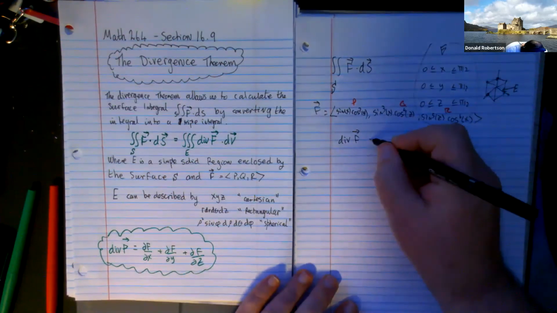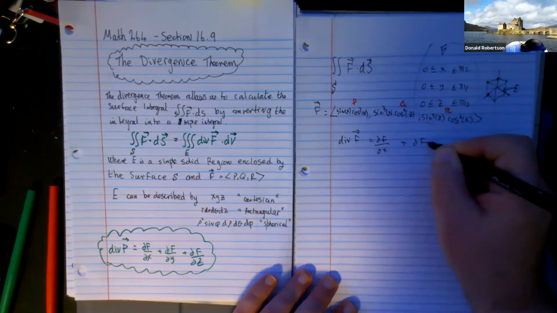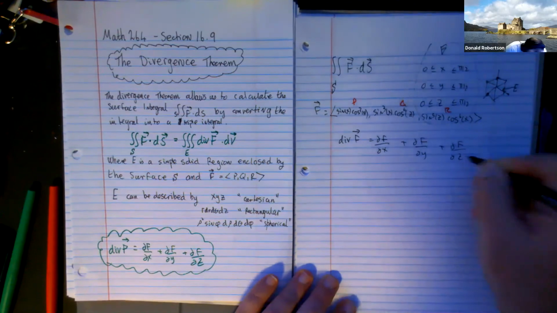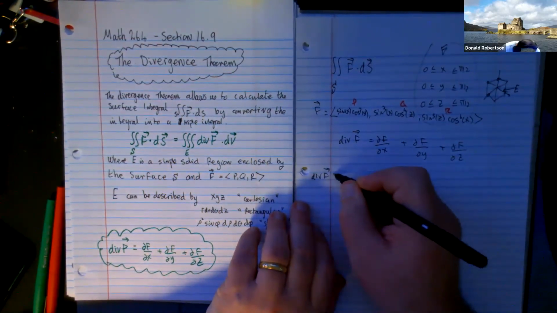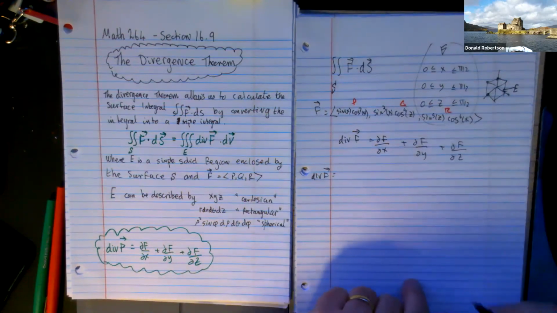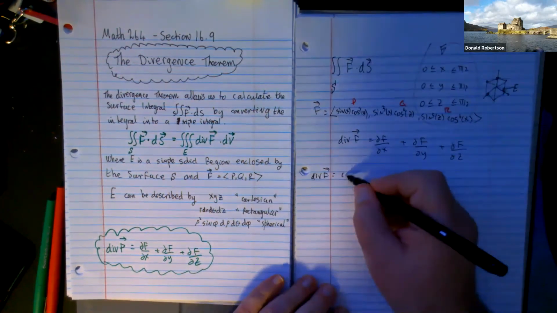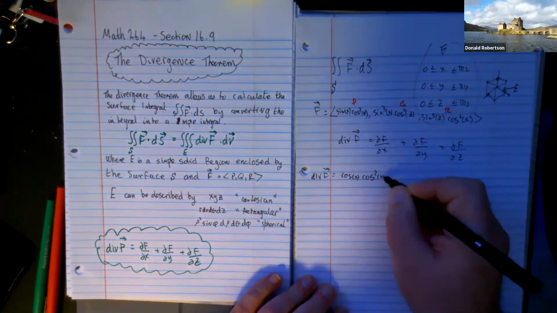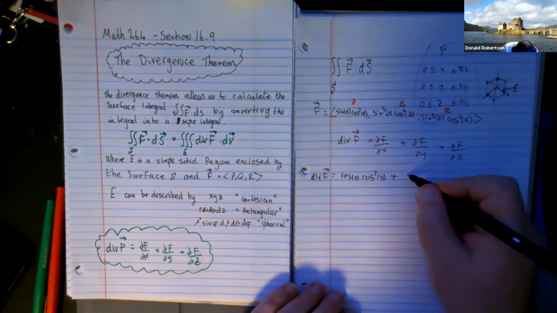So we're going to do those 3 partial derivatives added up. Be really careful. Watch me. This guy gets me cosine x cos squared y. This middle one, oh good, gets me big fat 0.